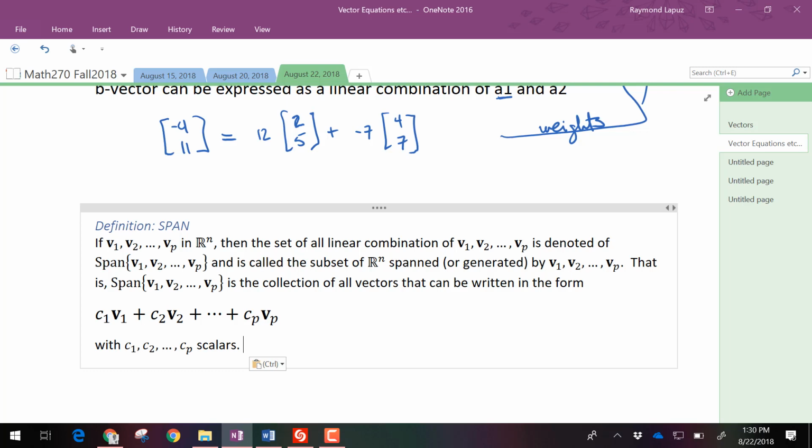A span of a set of vectors is the set of all linear combinations of those vectors. It's denoted by span, open brackets, list of vectors, close brackets. And they generate what we call a subset.